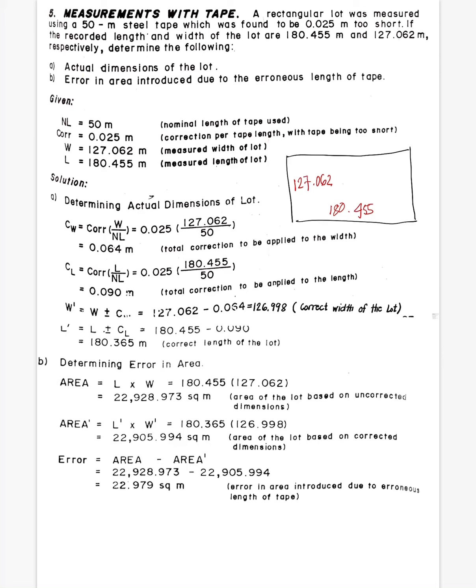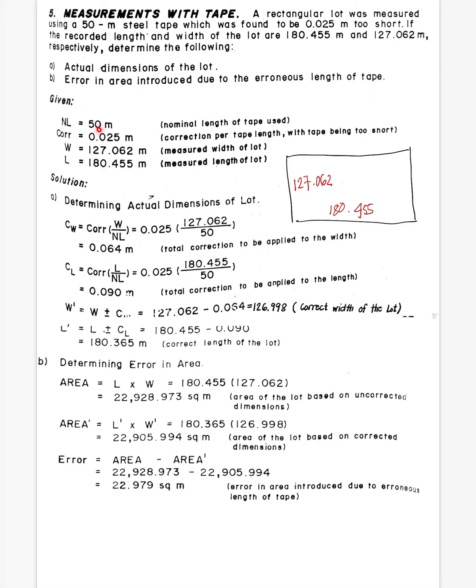Okay, so for the given in the problem, you have the nominal length, that is 50. That is the nominal length of the tape used. It should be 50, but during standardization, the tape was found out to be too short. So the correction for too short, that is 0.025. So the tape is too short.